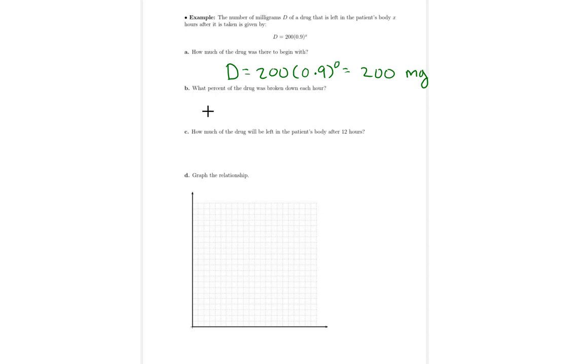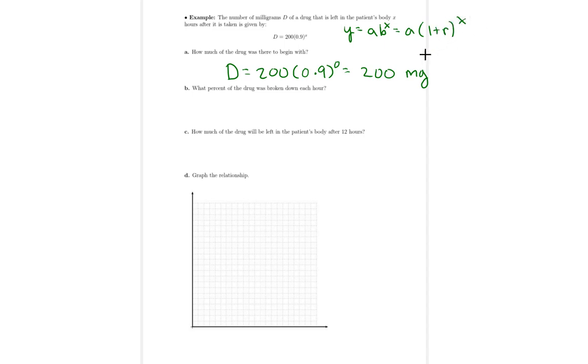Now I'll ask what percent of the drug was broken down each hour. So remember that we talked about how we can always take our exponential equation and write it so that it has the 1 plus the rate.